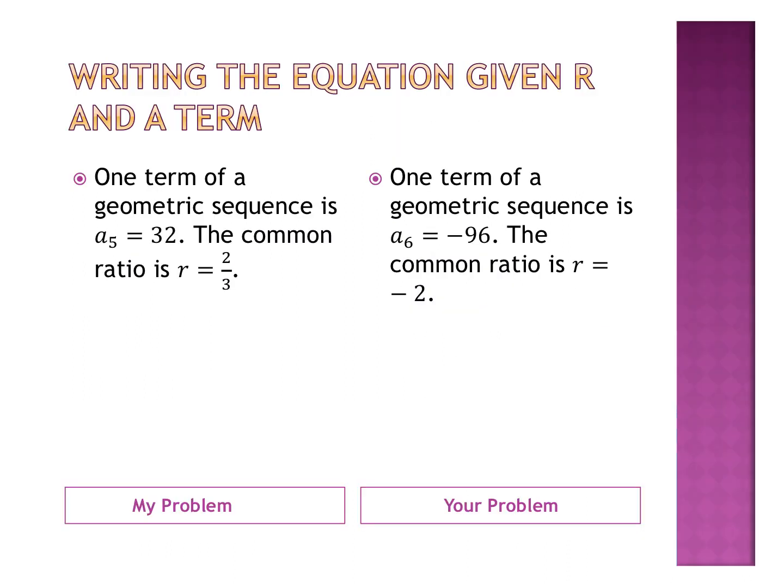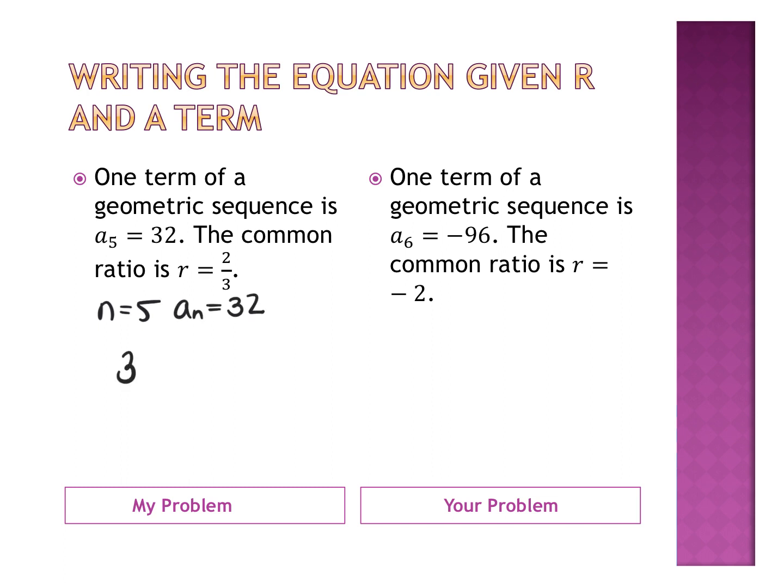All right, what if I only have one term of the sequence and r, and I want to find the equation? So if I have this one term, I know that a5 is 32. That means when n is 5, an is 32, and I know r is 2/3.